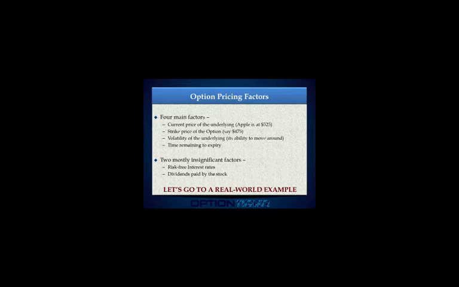Then we have volatility of the underlying, and we have time to expiry. None of these change. They are exactly the same as in call options. And like in call options, the two smaller factors are ignored, although they are inputted into various options pricing models.